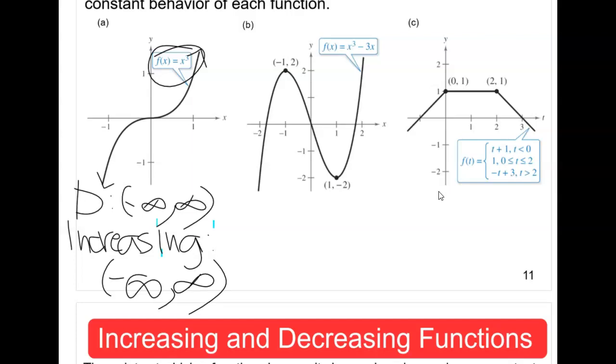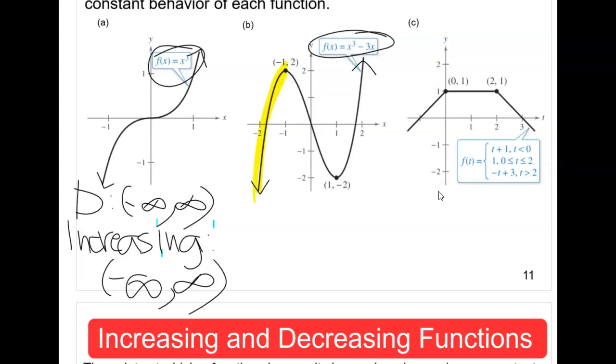Now, next graph, we're going to also assume that it keeps going, also because we have the equation there. It is a cubic function, which we're going to study more in chapter 2, or a polynomial of third degree. So in this case, we could see two behaviors.